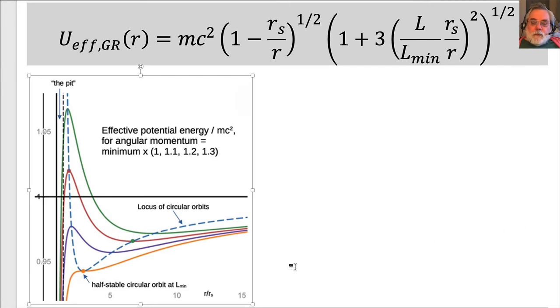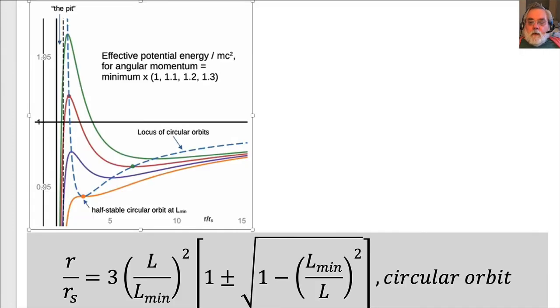If the orbit is perturbed inward, the object will spiral into the event horizon. But any angular momentum larger than the minimum has a stable circular orbit. The dotted blue curve is not energy versus distance for a single angular momentum. It is the locus of all circular orbits for all angular momentum values.